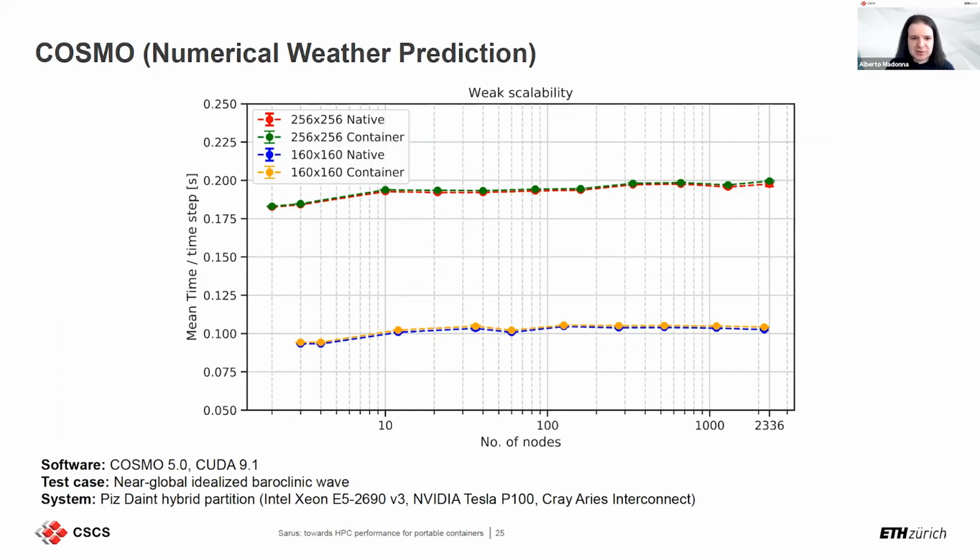The two data series correspond to a different number of grid points per node. And we can see that both data series are quite flat, which is what we would like to see on a good weak scalability test, and once again, container and native results are trailing each other pretty closely. I think that in this test we are within 1% of absolute difference between the numbers.